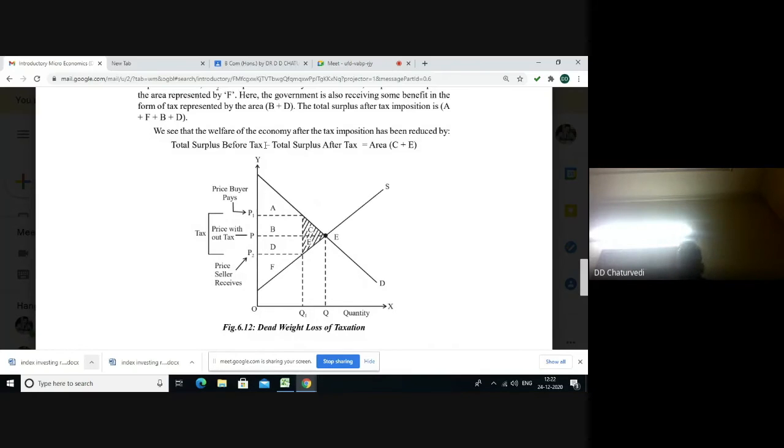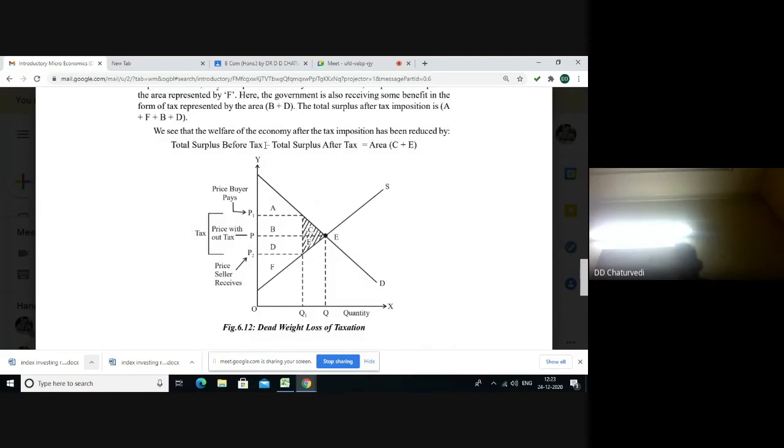So in this diagram, the difference between actual payment received, which is OPEQ, and the area under the supply curve corresponding to the equilibrium point is given by the sum of three areas D, E, and F. So producer surplus in this diagram is the sum of three areas D, E, and F.